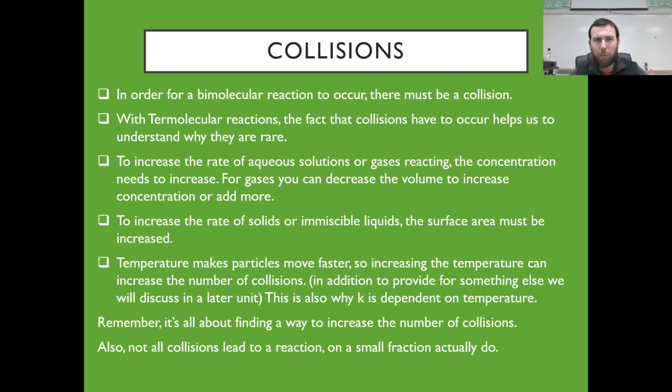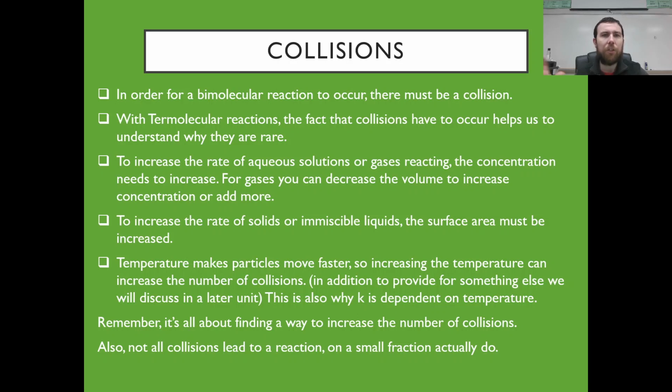Now, for the first one, I know there's a lot of information there, right? But what we need to understand is that in order for a reaction to occur, specifically if it's bimolecular and above, there needs to be collisions between our reactants, right?